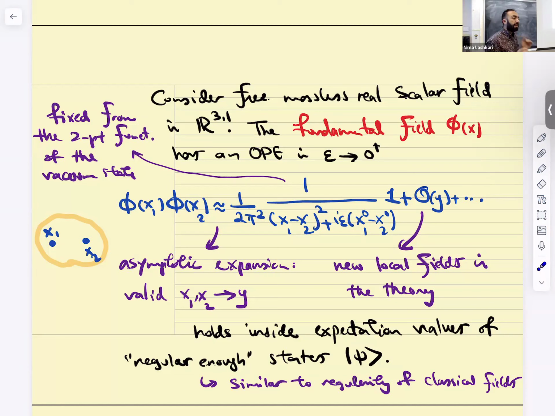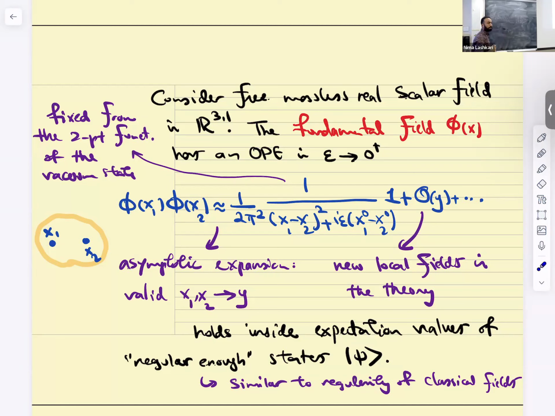Now, to give you expectation values, you have to insert these relations inside. So here is an expectation value in some state, psi. If you have phi of x1, phi of x2, and all sorts of other things, you could replace this by a sum over p of O_p of y, with coefficients C_p that are functions of x1, x2 and y.